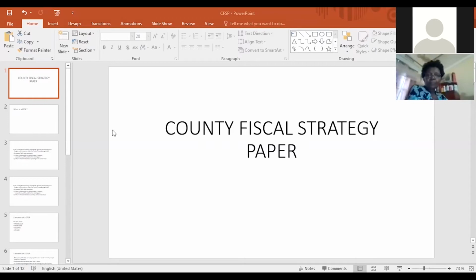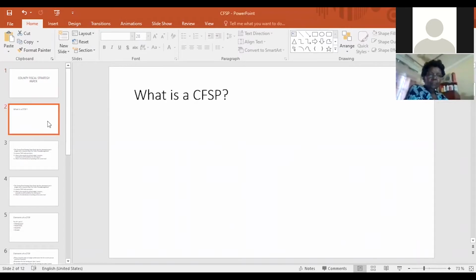So today we are going to embark on understanding the county fiscal strategy paper. Madam Beatrice, do you remember what a county fiscal strategy paper is?